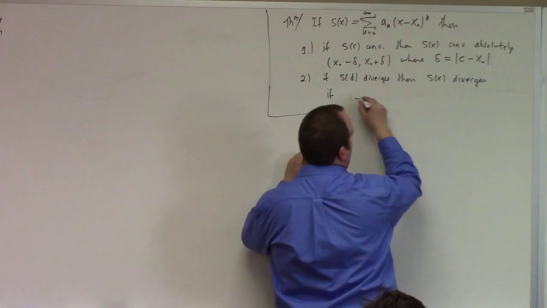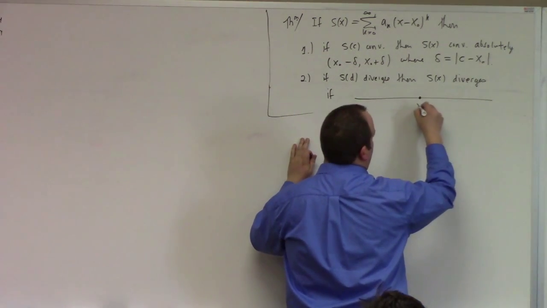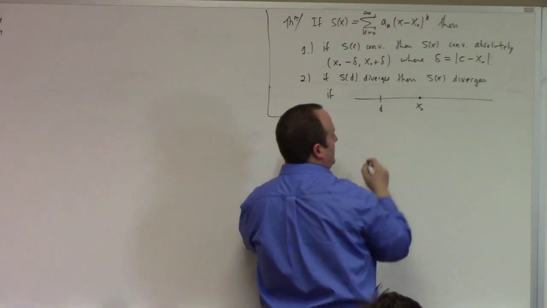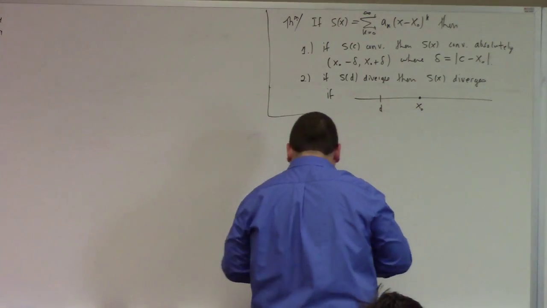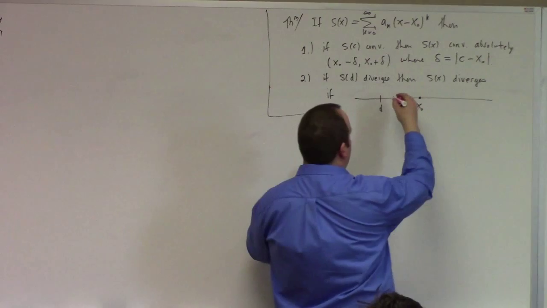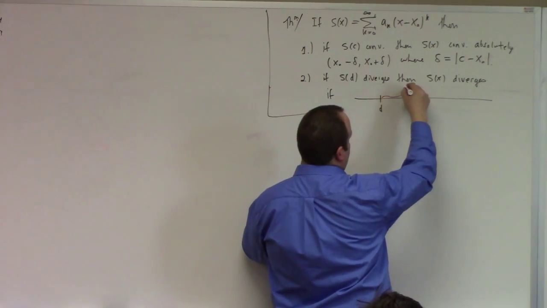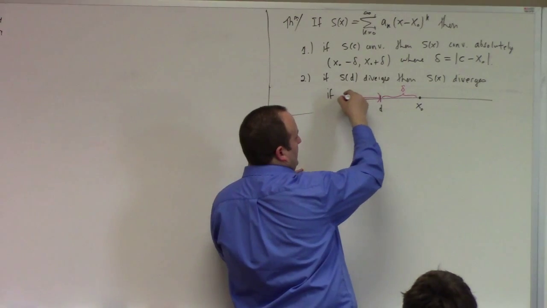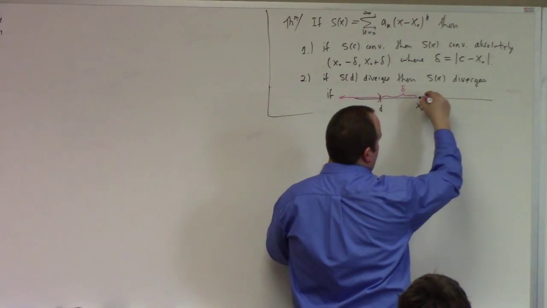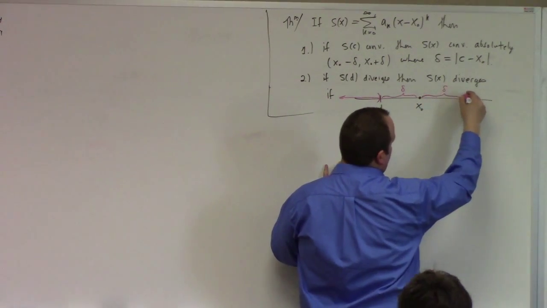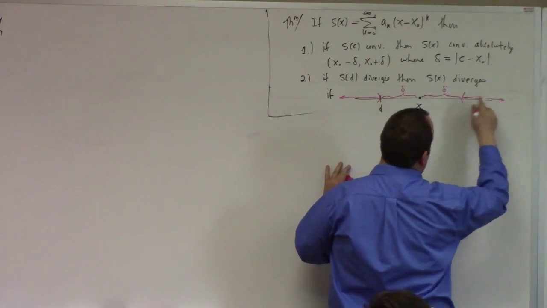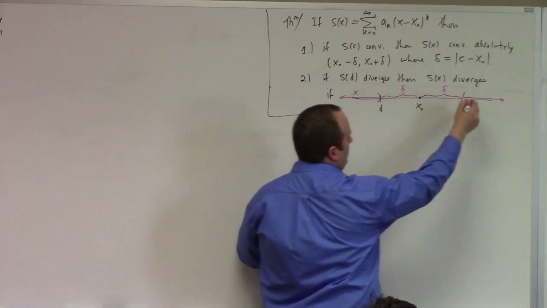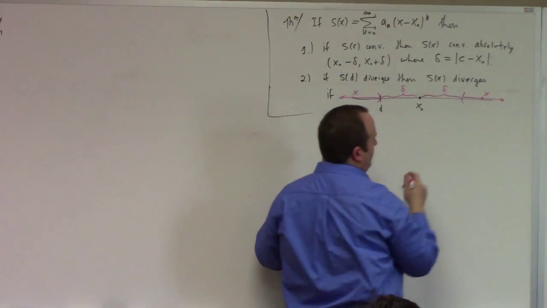Here's the picture. Here's my x naught, and suppose this is d. I'm thinking about this being the distance delta. The theorem gives us divergence out here, and then distance delta over here. An x could be here, or an x could be here in the divergent case too.